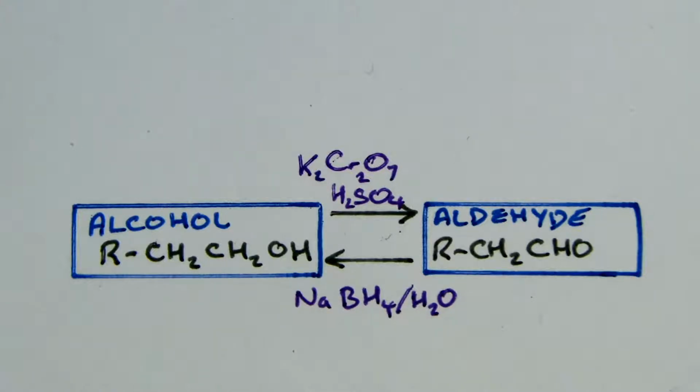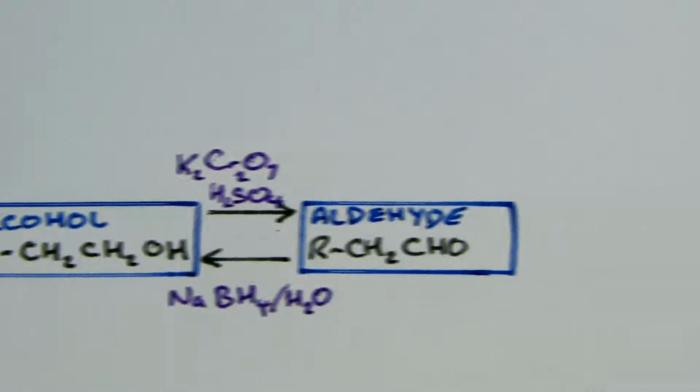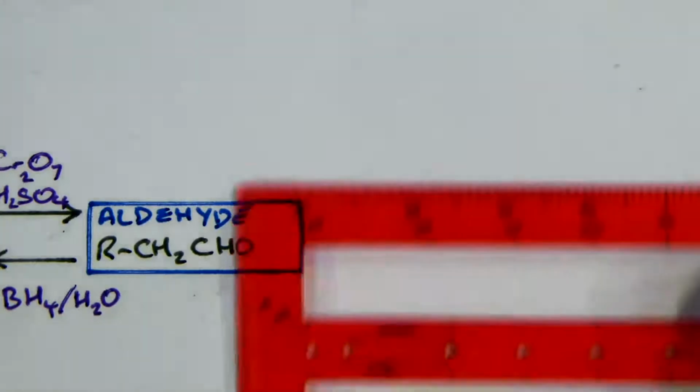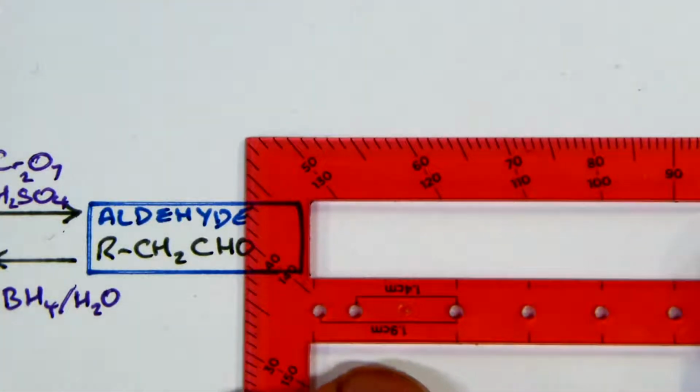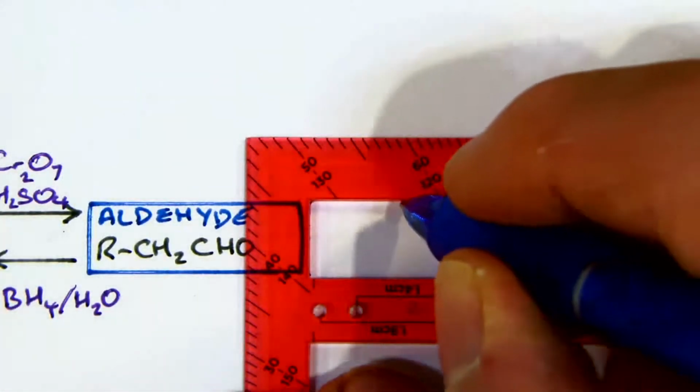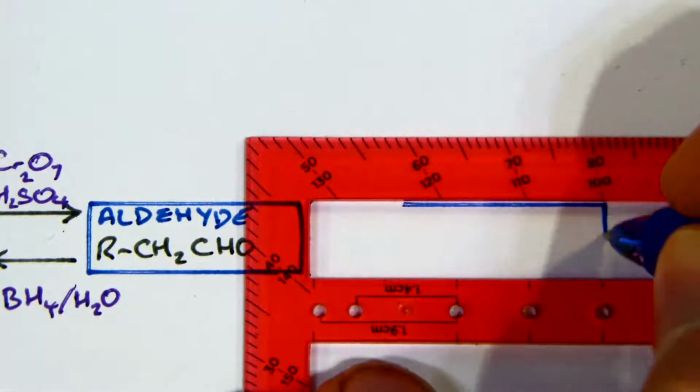Good start, I suppose, but what we want to do now is turn our aldehyde into something else. And what we could do with our aldehyde is turn that into a carboxylic acid.